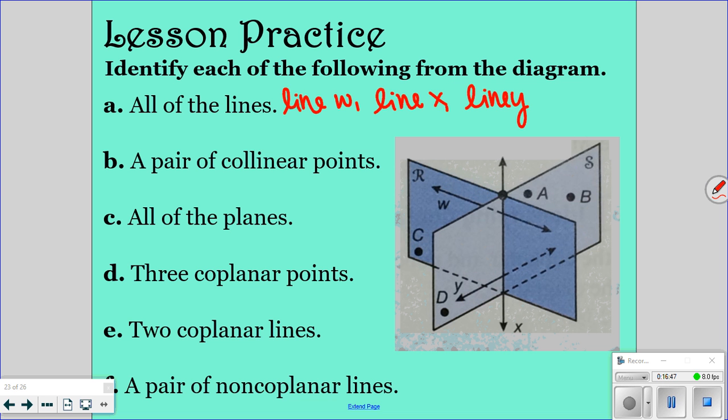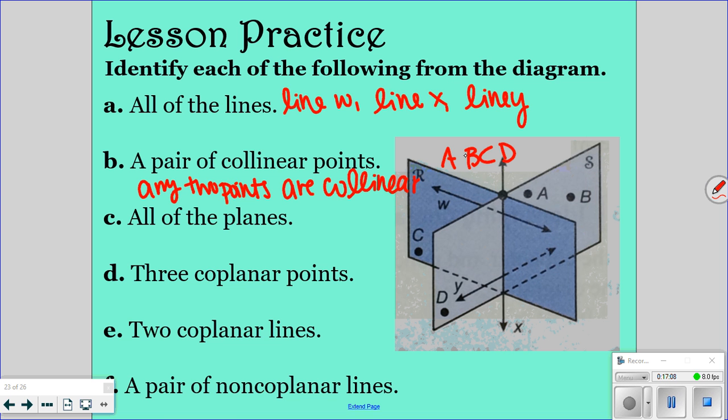That's actually a trick question, because any 2 points are collinear. You can always draw a line between 2 points. So pick any of the 2 points you see. Pick A, B, C, or D. Those are the 4 points that we have. Pick 2 of those, and you have a pair of collinear points.